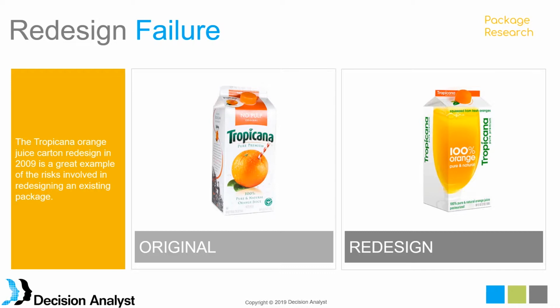So we went from an image of a fruit or the orange to an image of, actually it's a partial image, because the image of the glass of orange juice wraps around off of the product primary facing, the front facing. They've also changed not only the logo, but slightly the color, as well as the alignment of the brand name. So they've made some pretty dramatic changes to the package. And again, I would say it's an attractive package, but it's confusing to consumers because it makes some pretty significant changes from what they had originally.